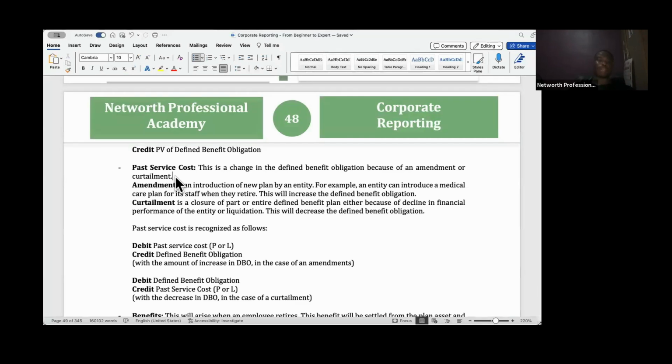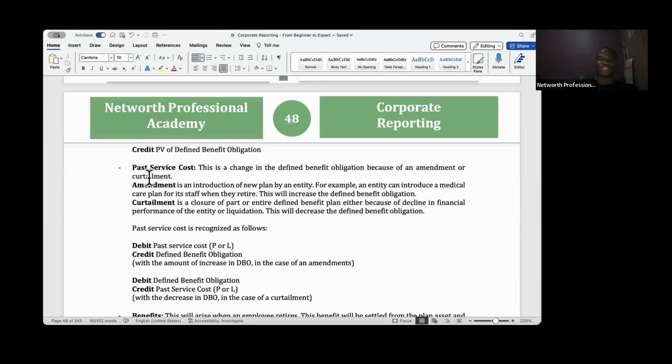Your medical care plan would take care of that. So which is good. But for the employer, it will increase its costs. Their obligation would expand, would be bigger because they have to be contributing more.